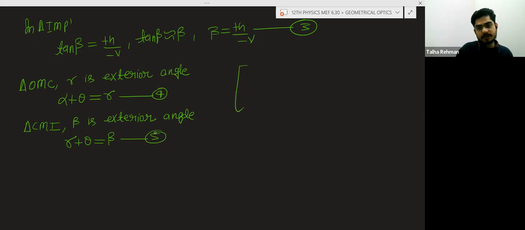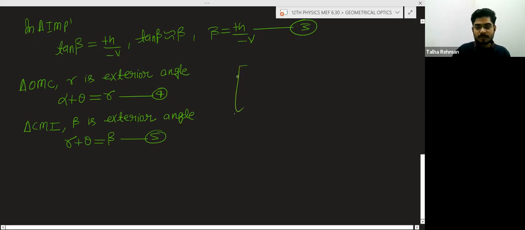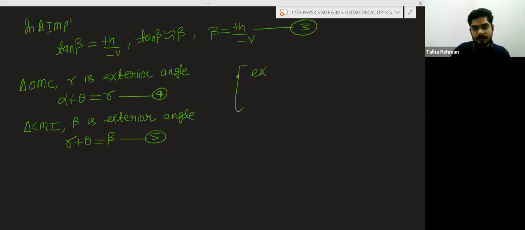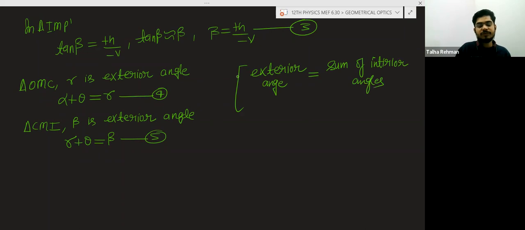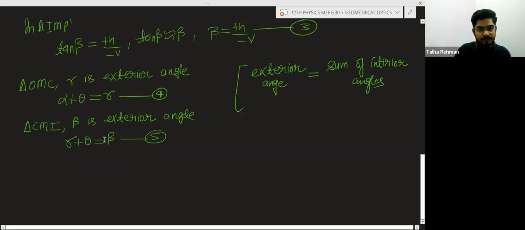And there is one piece of information here: the exterior angle is equal to the sum of the interior angles. So this concept we have used there. Now we have 5 equations.